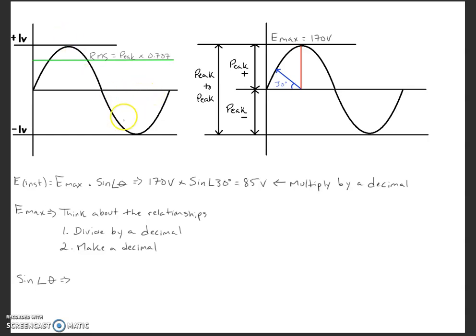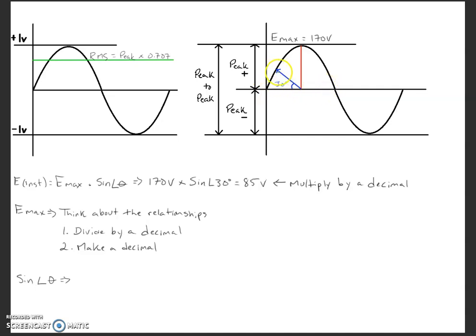So we have our RMS, but we also can track down our instantaneous voltages using our sine wave. All we need to do is factor in the sine of the angle. So our instantaneous voltage, what is the voltage right here as time is going by?